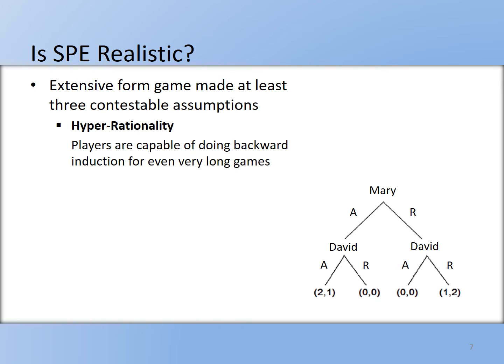We never deal with games that are really, really deep. But theoretically, when you face such a game, the process is the same. The players are capable of playing out the whole game to make a prediction of what the other players are going to do. So that's why it's called hyper-rationality.